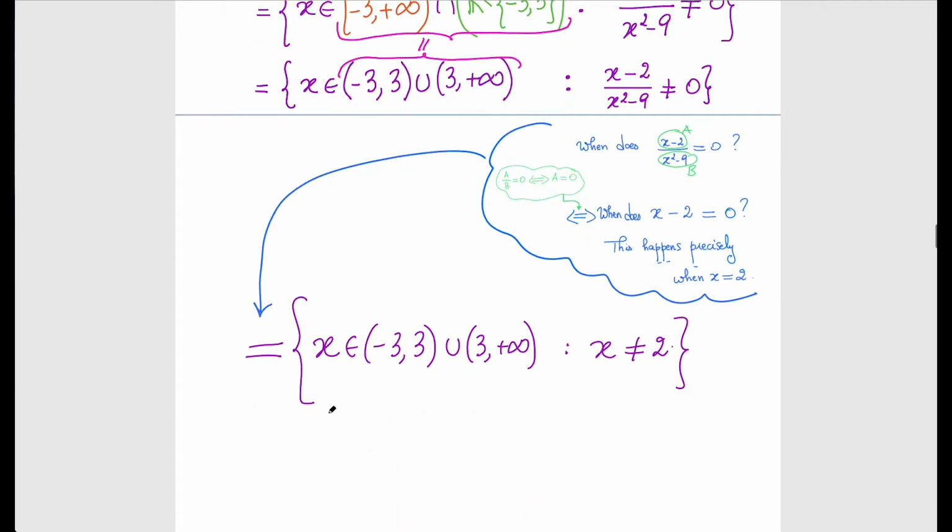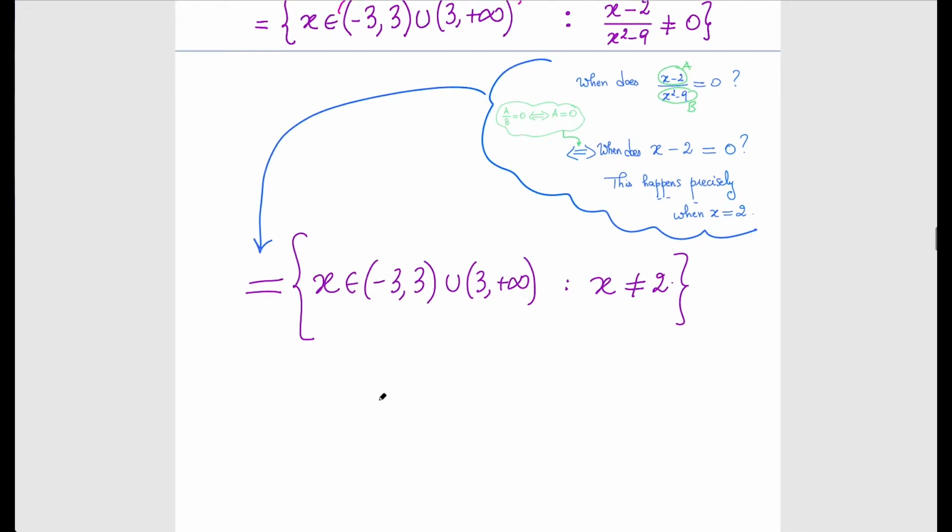So far, the information I have is any x from minus 3 to plus infinity, excluding minus 3, excluding 3, and also 2, right? This last part is a good guy for the function v over s.